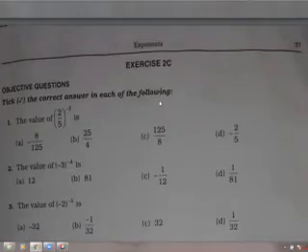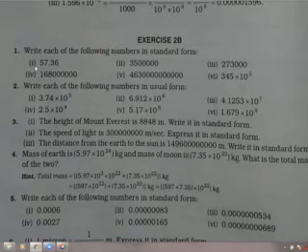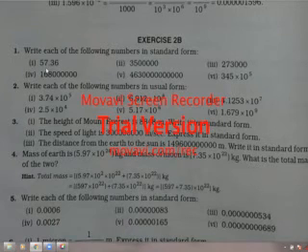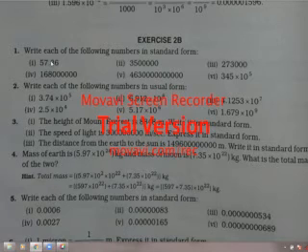Okay, so if you see question number 1, there is 57.36. What has been said is, write each of the following numbers in standard form. 57.36 is not in standard form, because in standard form the m value must be greater than or equal to 1 and less than 10, but it is 57.